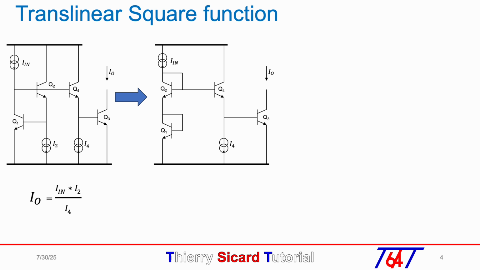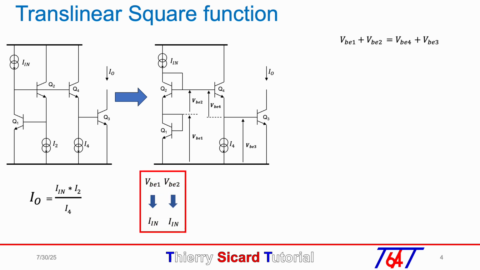We calculate the sum of the voltages VBE: VBE1 plus VBE2 equals VBE4 plus VBE3. We then check which current is related to VBE. VBE1 and VBE2 are biased by Iin. VBE4 is biased by I4, and VBE3 provides the output current.